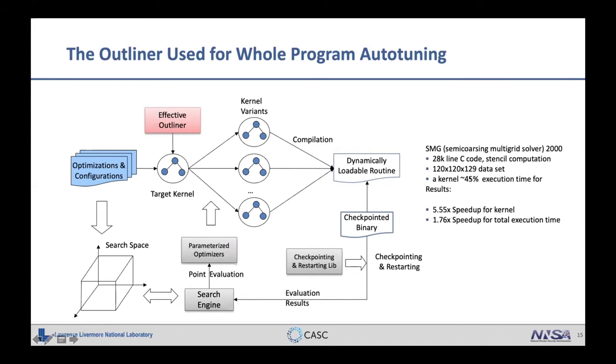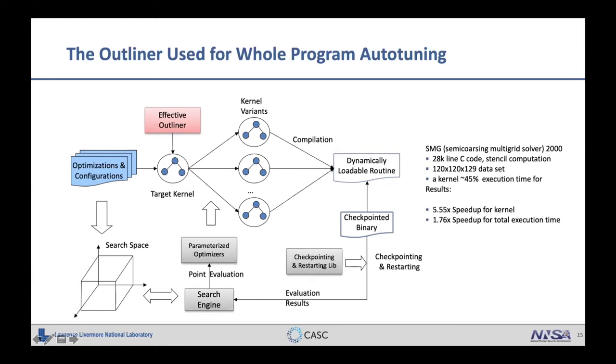You don't really want to restart or optimize it entirely. You want to focus on some hotspot first. So you can call the outliner to generate a set of kernel variants, and use the dlopen interface we provide to put all of them into a dynamically loadable routine.